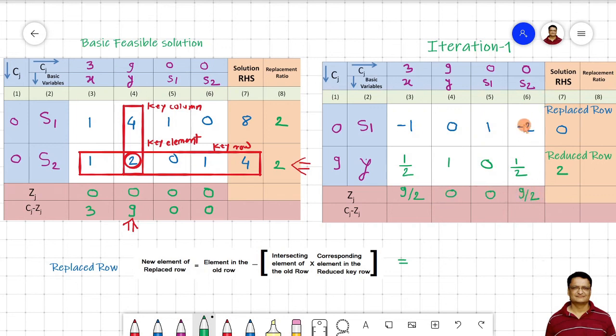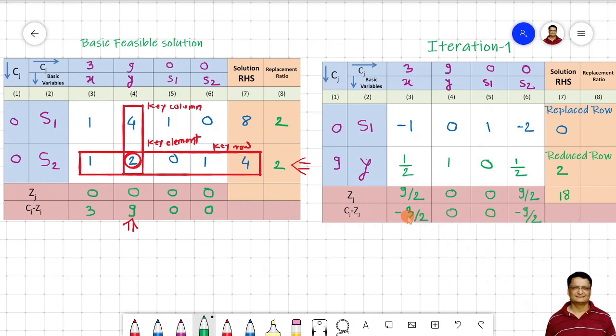So here it is 0 into minus 2 plus 9 into 1 by 2, which is equal to 9 by 2. The next thing is to evaluate the value of Cj minus Zj. So the Cj value is 3, minus 9 by 2, is equal to minus 3 by 2. In a similar way, we can evaluate values for the remaining columns.